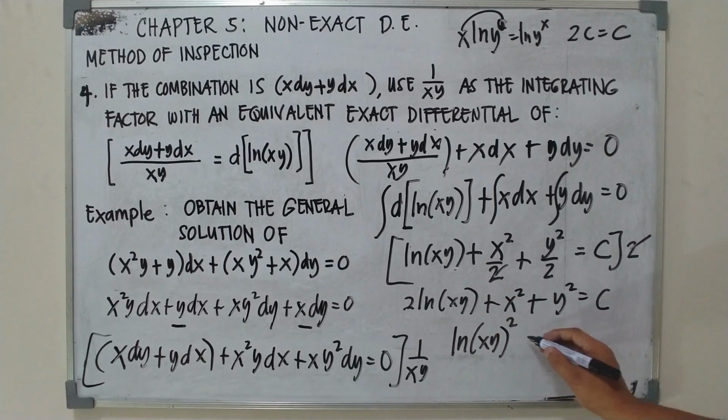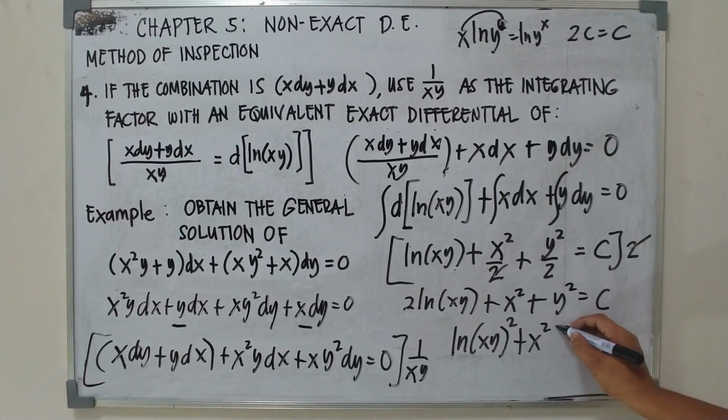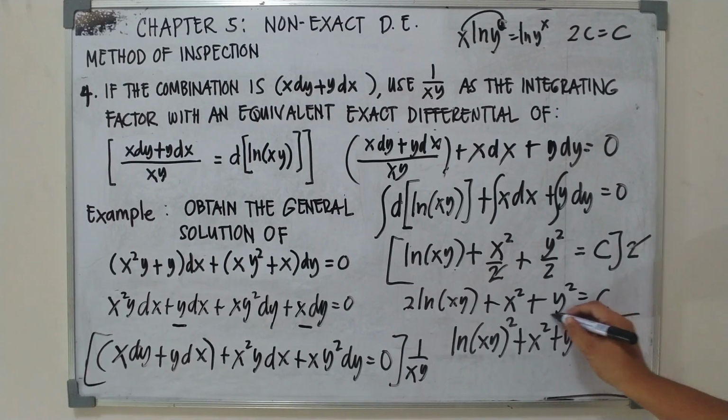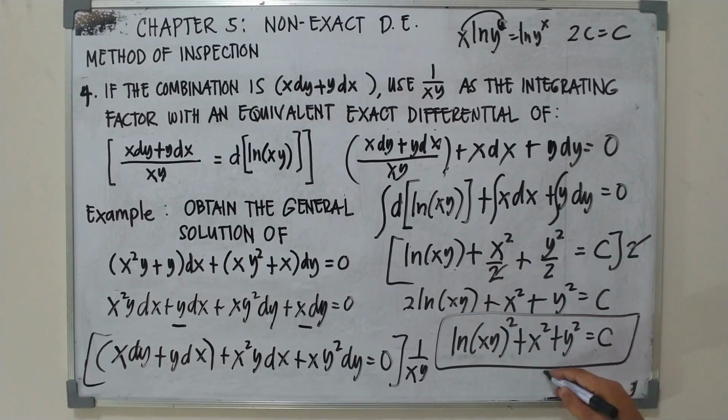Okay? It is now an exponent. Plus x squared plus y squared, and this is equals to c. This is our general solution under the fourth combination. Okay?